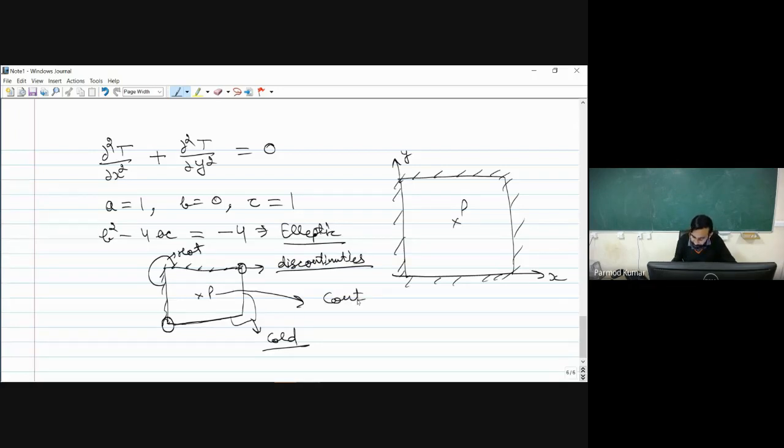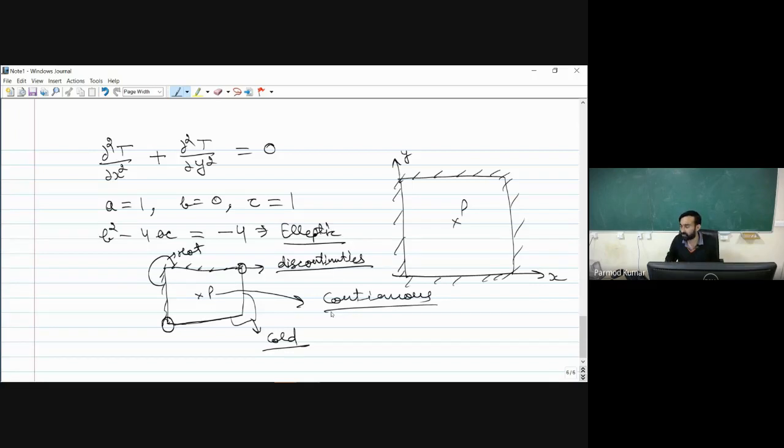So what I am saying is, in the case of elliptic equations, near the boundaries we may have some discontinuities because of the imposed conditions, but within the domain we will always get continuous behavior.